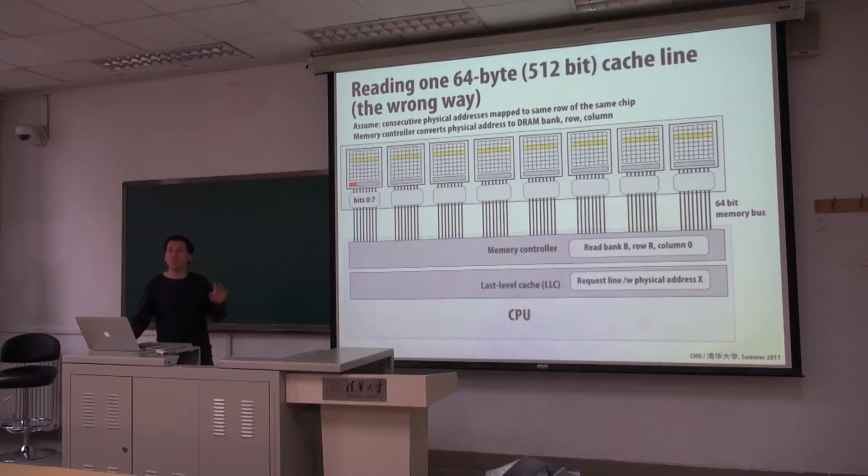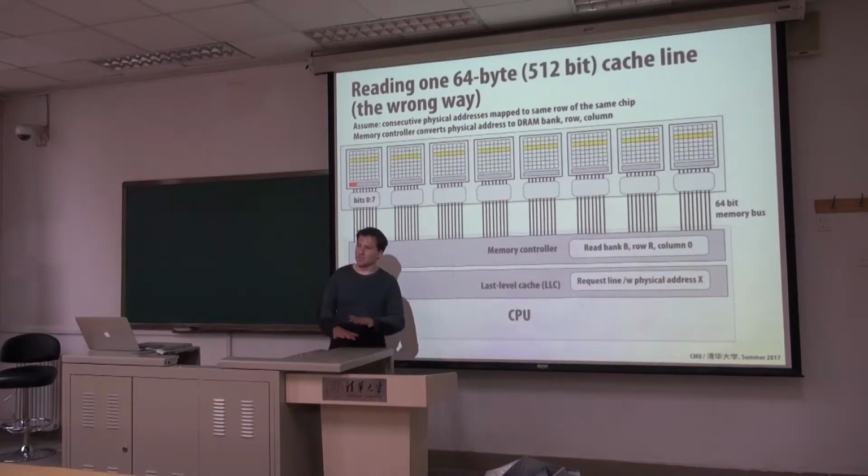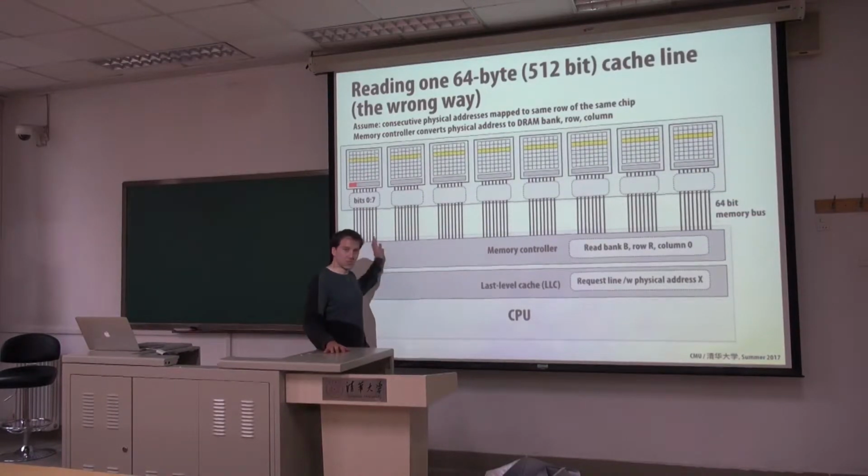And I'm using only 1/8 of my memory bus. So can you think of a better way to map addresses in the address space to the DRAM chips so I can use all 64 data pins much more efficiently? How can I map addresses to chips?